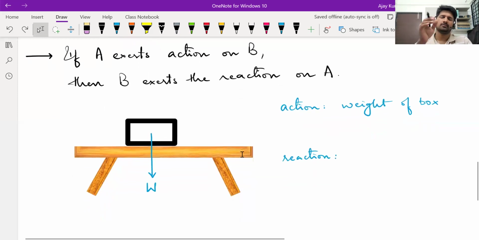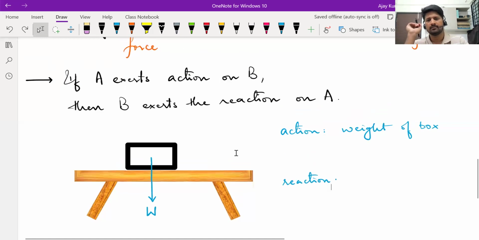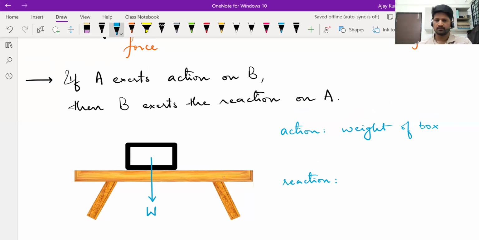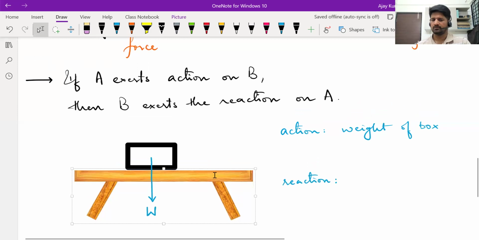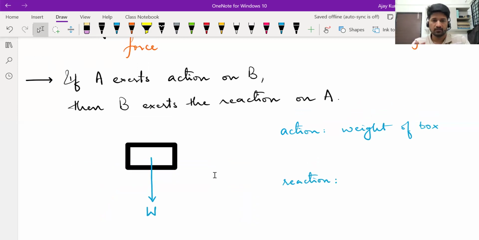So the object itself has a normal force acting on it and gravitational force is acting on it. If there is no table and you release a block, my question was, what is the reaction to this force called weight? What did you say?